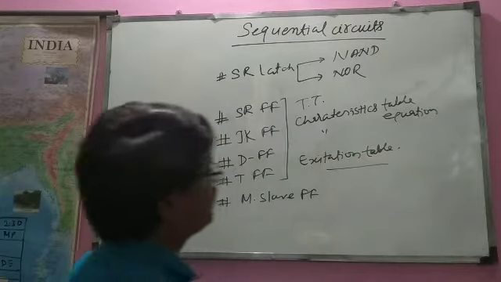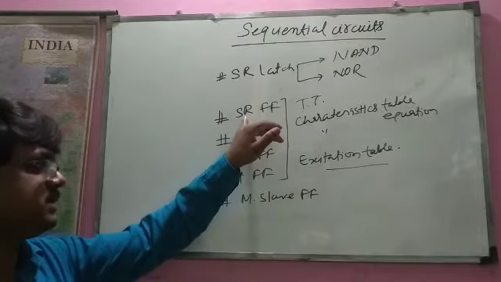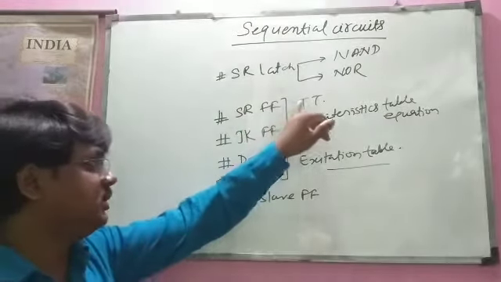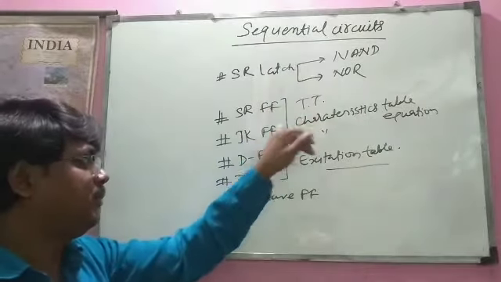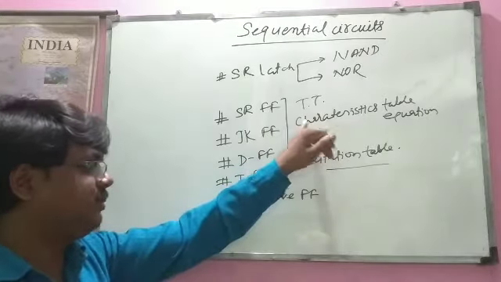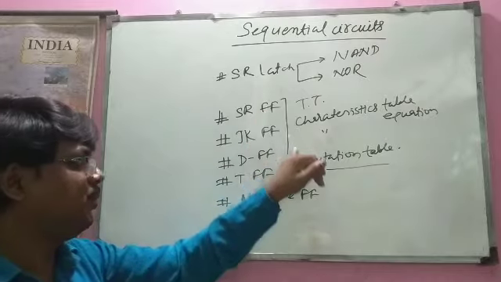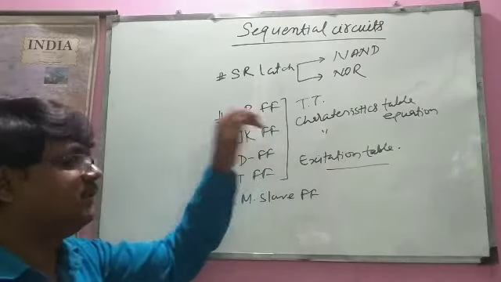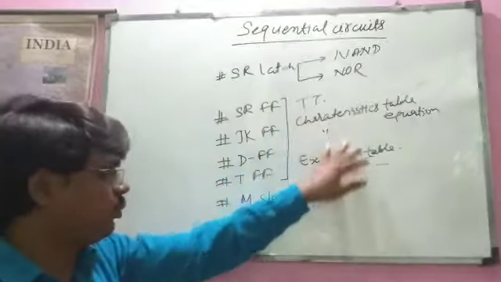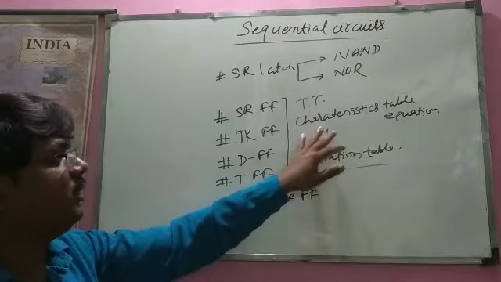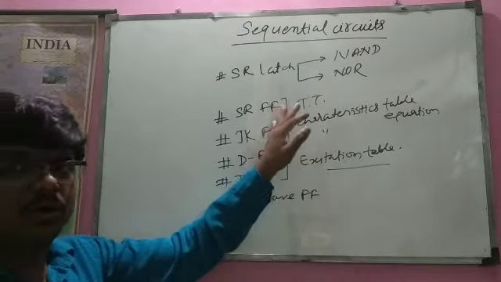We will discuss all these things. When we discuss the SR flip-flop, we will see the truth table of SR flip-flop, then the characteristics table, then the characteristics equation, then the excitation table of the SR flip-flop. So all these 4 properties we will study in all the flip-flops.